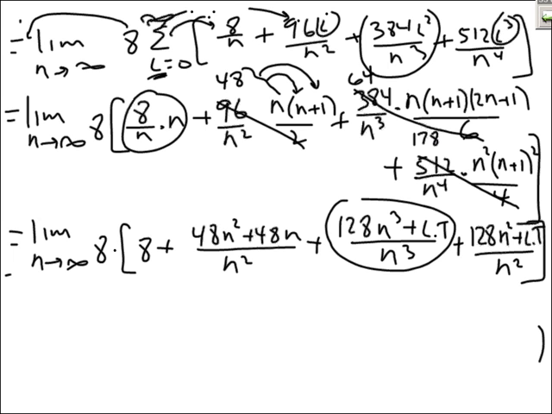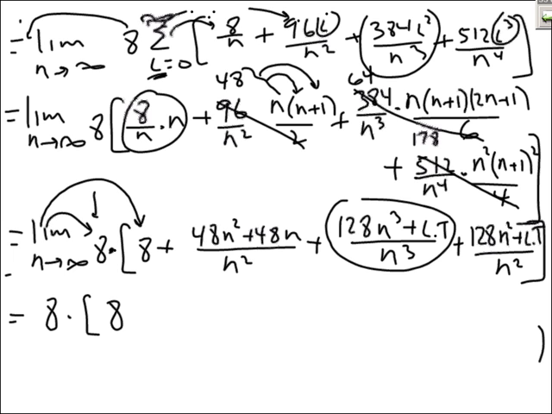So we have a product. We have the limit of a product, the limit of 8 times what's in the brackets. Well, limits distribute over multiplication. The limit is 8 times the limit of what's inside the brackets. But the brackets are sums and differences, so we take the limits one by one.